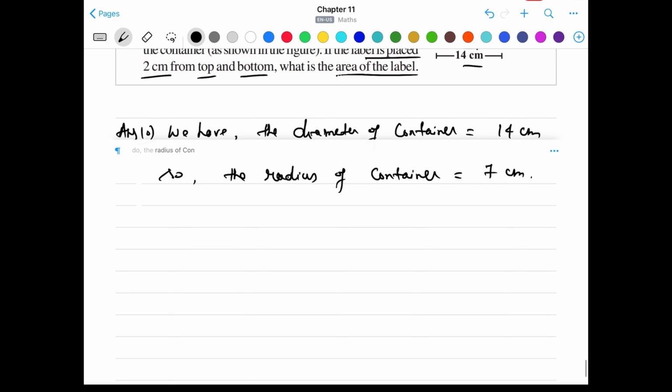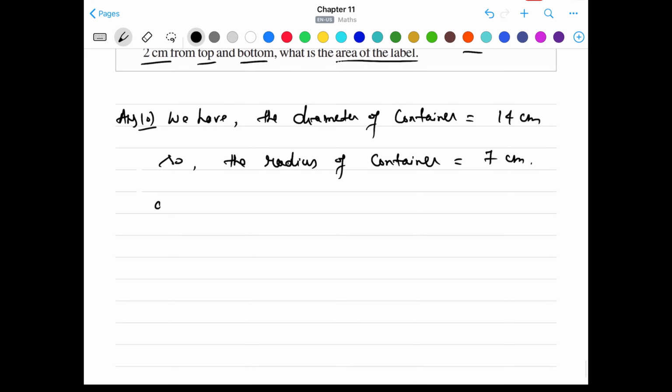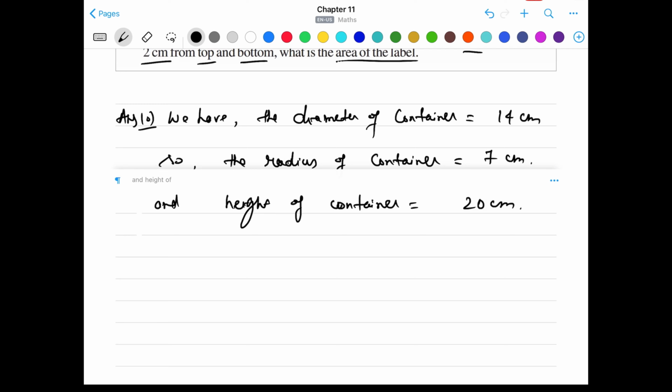And height of the container, not cylinder, we use container, is given as 20 centimeter.